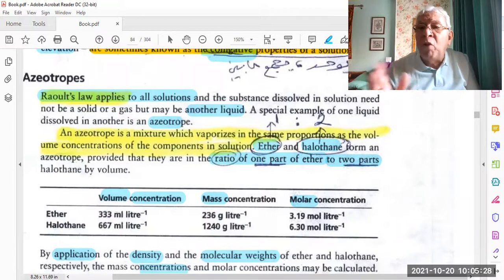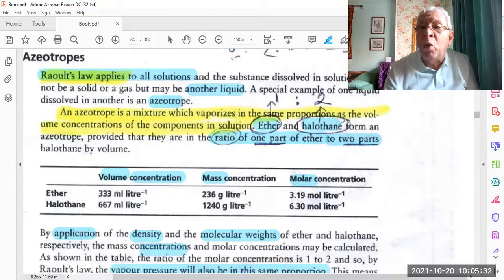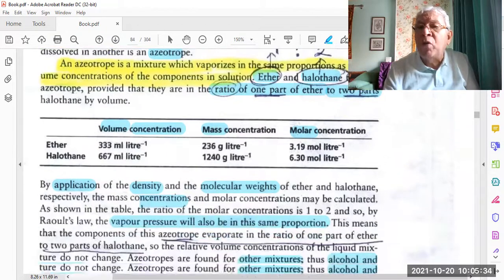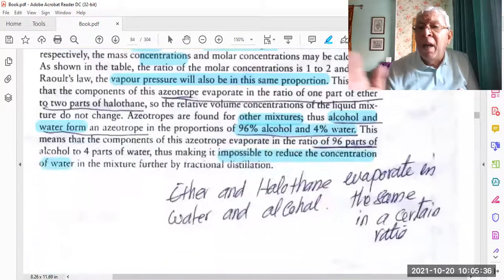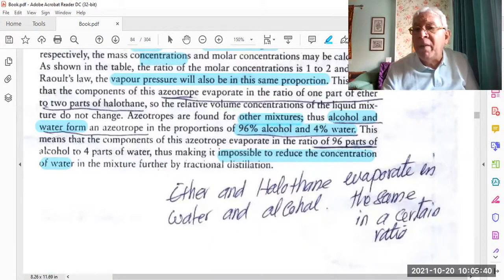This combination, of one particle of ether and two particles of halothane, can yield what we call an azeotrope. This azeotrope also can be used whenever I want to dilute alcohol from 100% to 96% by dissolving it in water. And it's very difficult, of course, to increase the concentration of alcohol beyond this point.